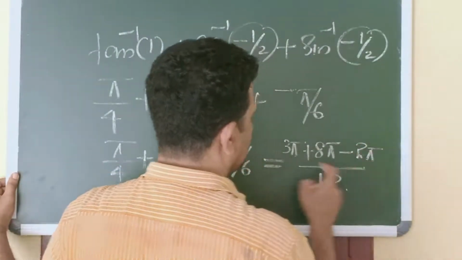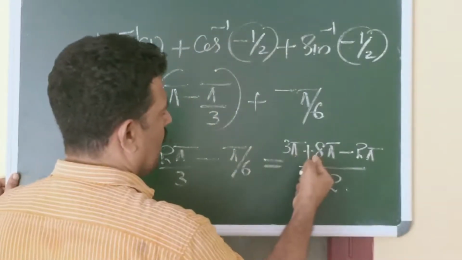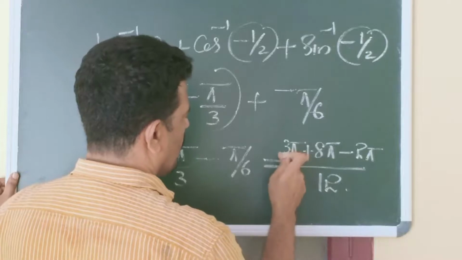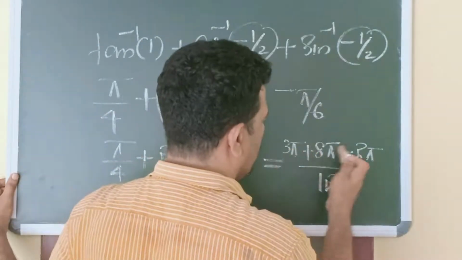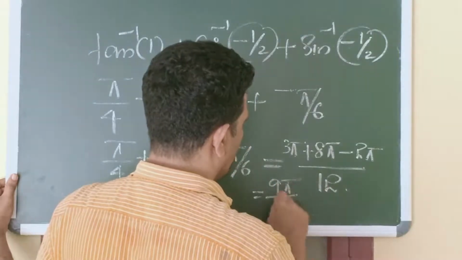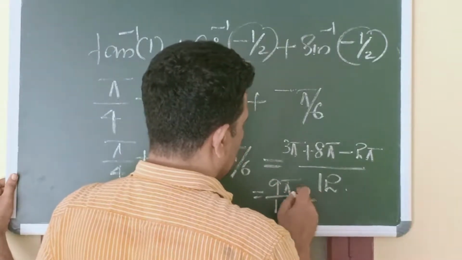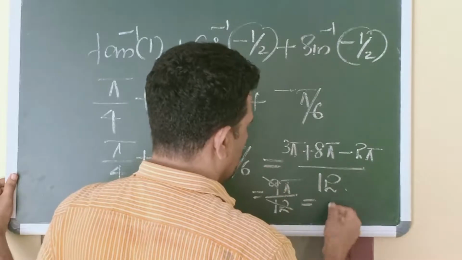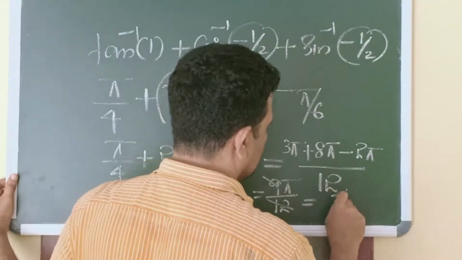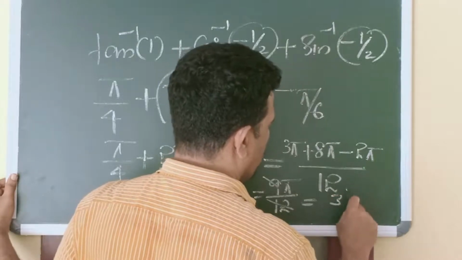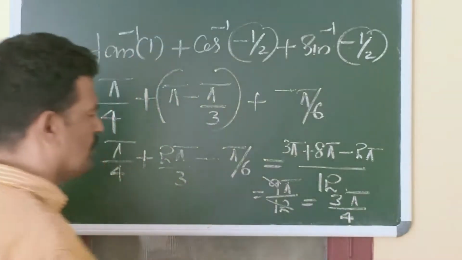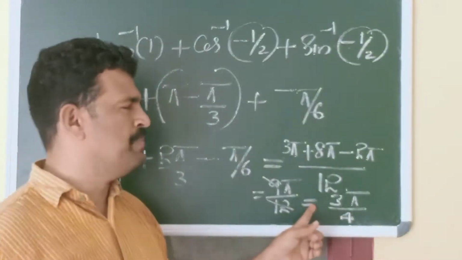So the answer is 8 plus 3, 11; 11 minus 2, 9 pi by 12. Therefore, the answer is 9 pi by 12, which we can write as 3 pi by 4. The final answer is 3 pi by 4.